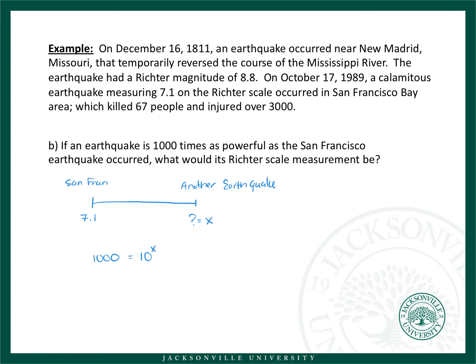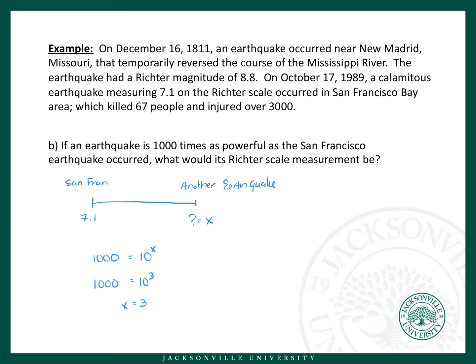So 10 to the what power equals 1,000? We know that 10 to the third power is 1,000, so x is 3. But 3 here is just how much more powerful the new earthquake is compared to the San Francisco earthquake.